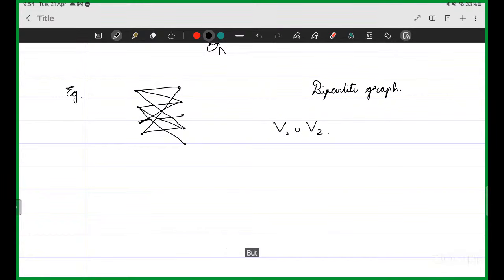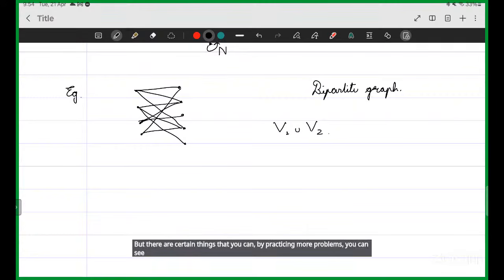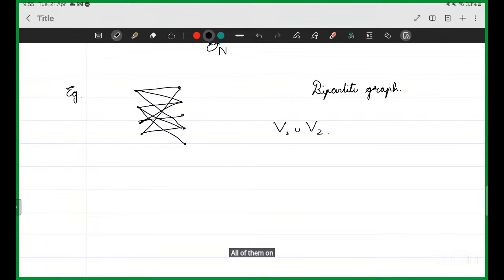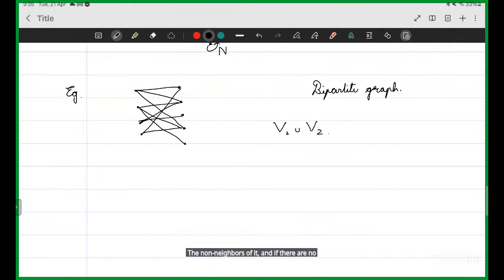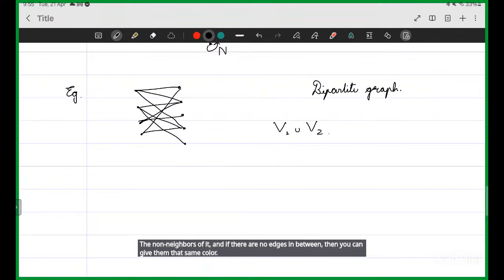But there are certain things that you can, by practicing more problems, you can see that when there are 3 cycles, you have to have all of them on different colors and stuff like that. And anything that you find convenient, like starting out with something and then looking at the non-neighbors of it, and if there are no edges in between, then you can give them that same color, and so on.